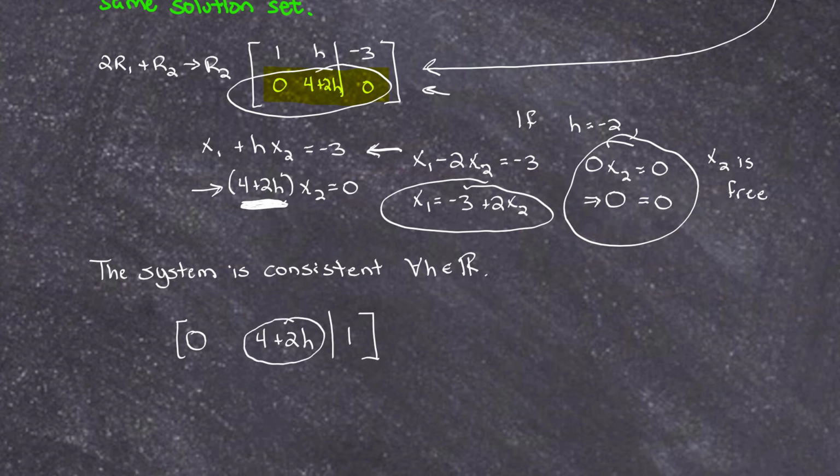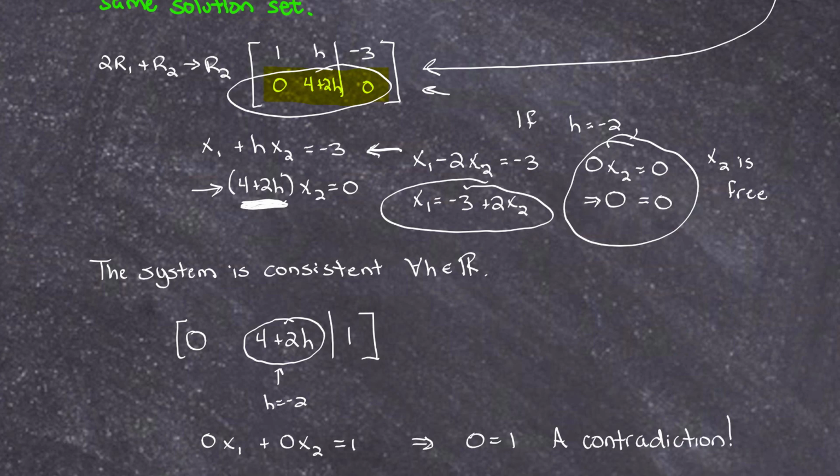If h was a negative 2, we'd have 0x1 plus 0x2 is equal to 1, and that is a contradiction. That tells us that 0 is equal to 1, which is, again, a contradiction. And that's the thing you want to watch out for, at least in these early sections. You want to watch out for those contradictions, because then that makes the system inconsistent.